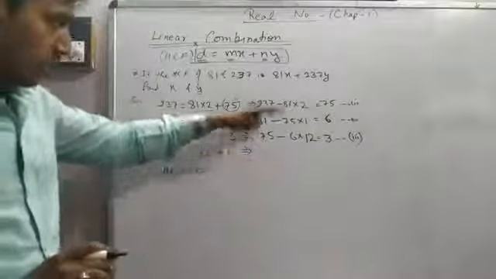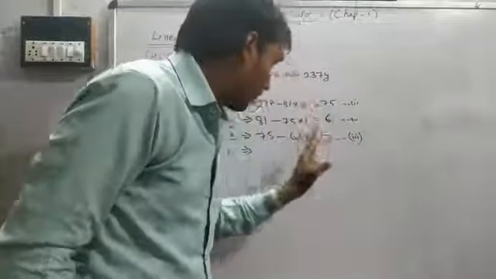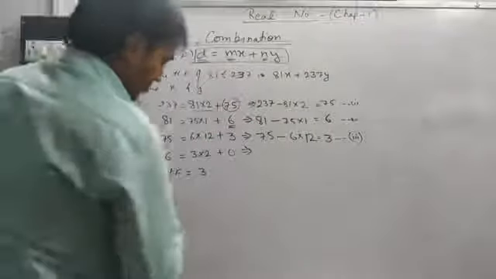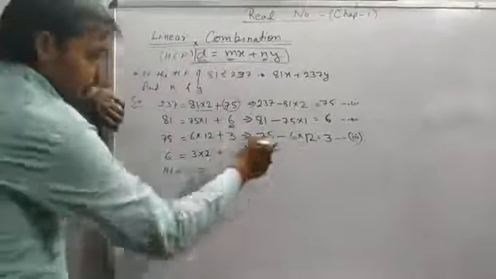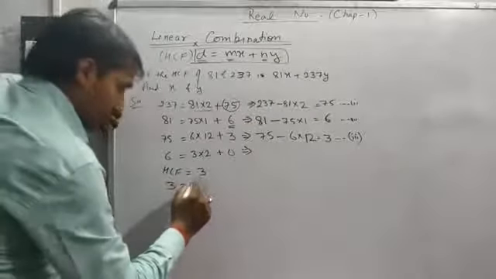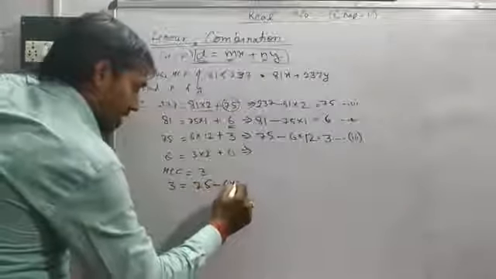We combine all three equations. In the last question we only had two equations; here there are three equations. So combine them. First, from the bottom, the value of 3 is 75 minus 6 into 12.